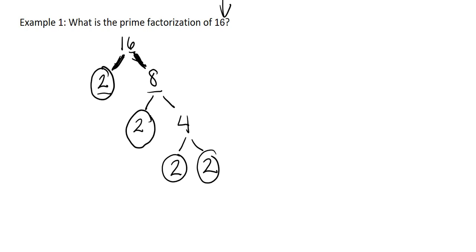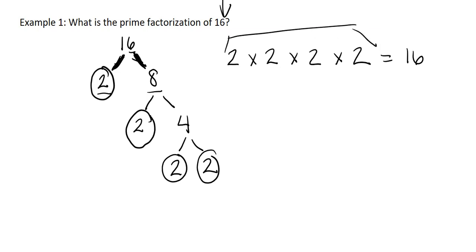So in order to get 16, we can go 2 times 2 times 2 times 2, and that is equal to 16. So the prime factorization is 2 times 2 times 2 times 2.